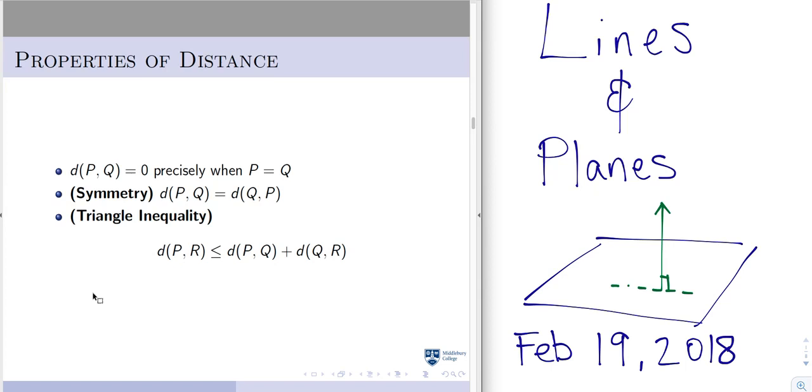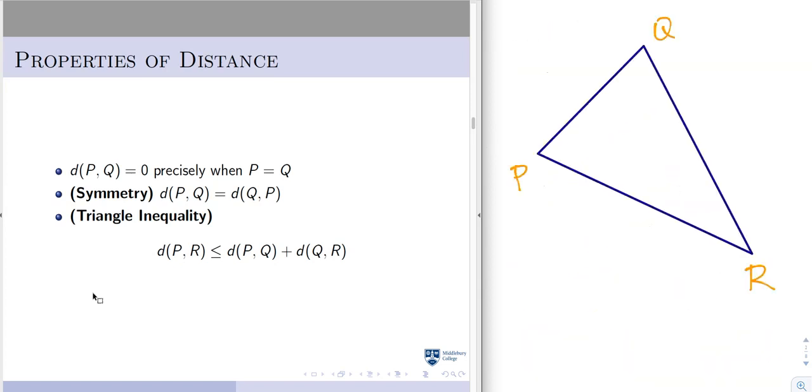Namely, the distance from P to Q is the same as the distance from Q to P. And finally, we record the triangle inequality, which states that the distance from P to R is always less than or equal to the distance from P to Q plus the distance from Q to R.